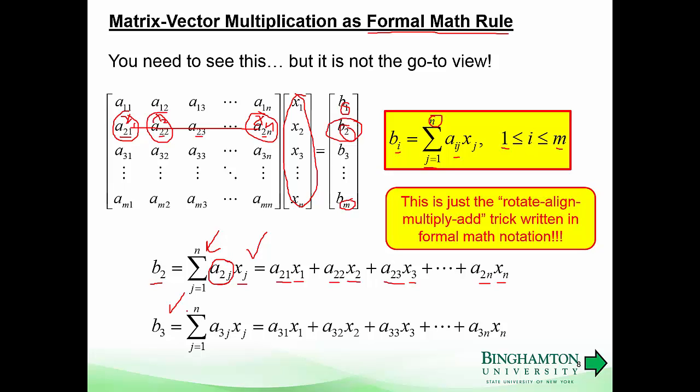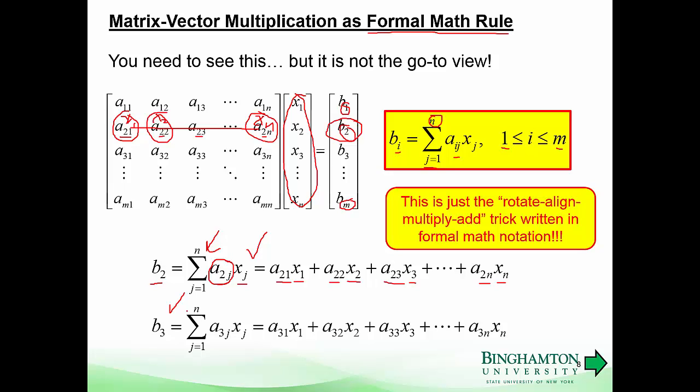Now, we're not going to use this formula very much, if at all. We'll be more likely to use the by hand rule or one of the two rules that are coming up. But if you were taking this in a math department, this would be a workhorse, because you'd be proving things like, what happens if you do a matrix multiplication, matrix times a vector, and you transpose the whole thing.